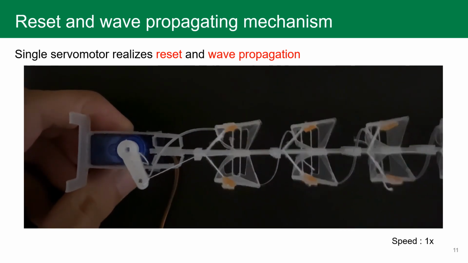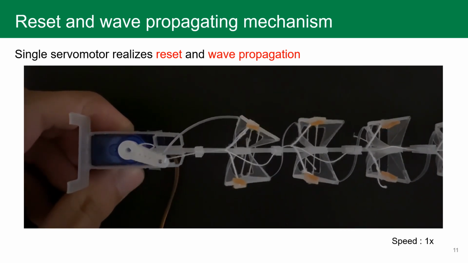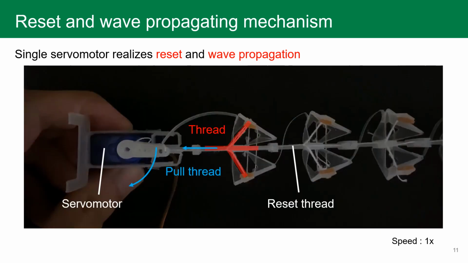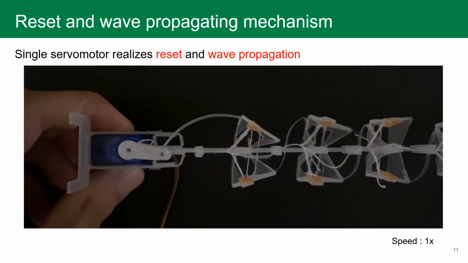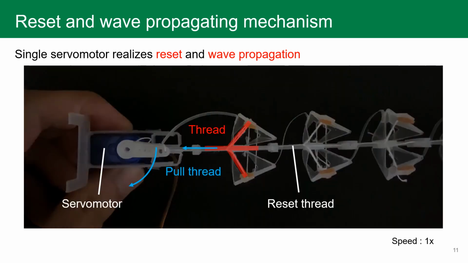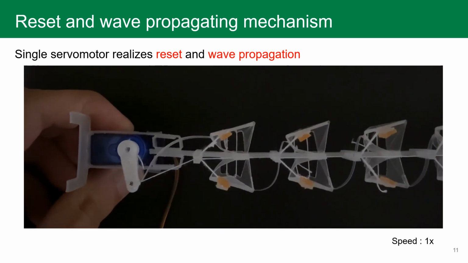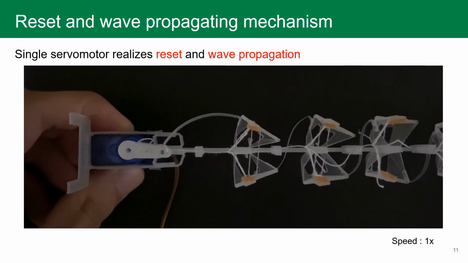When the motor rotates reversely, the rearmost bistable structure is pushed forward through the spring. From there, all the bistable structures transition in turn and propagate waves.